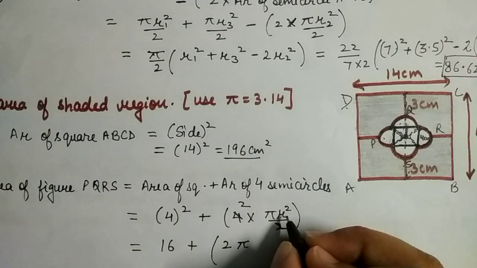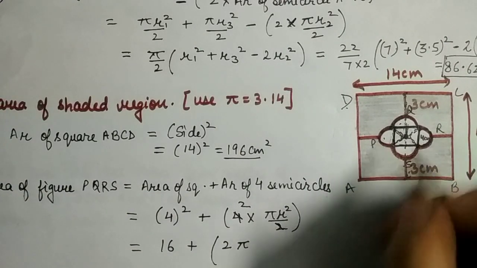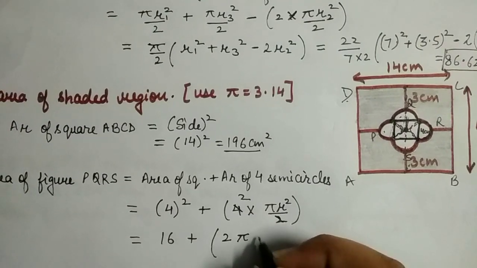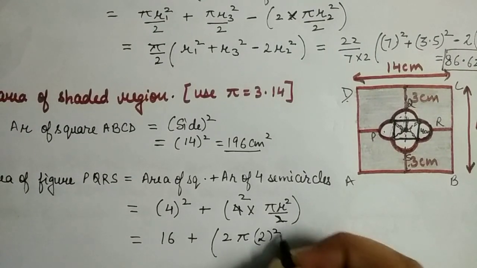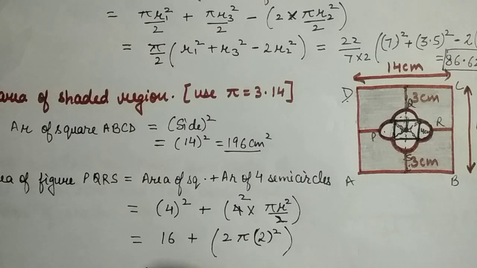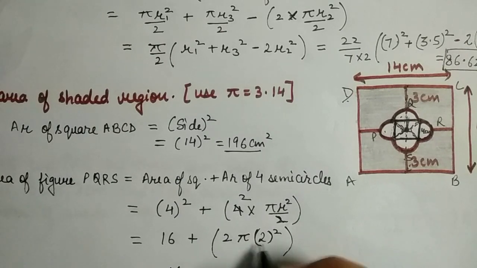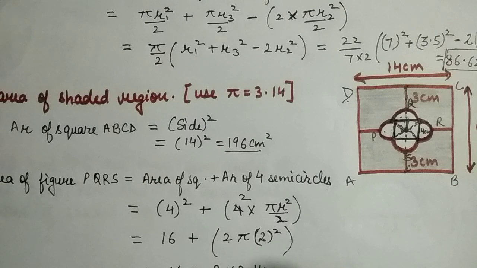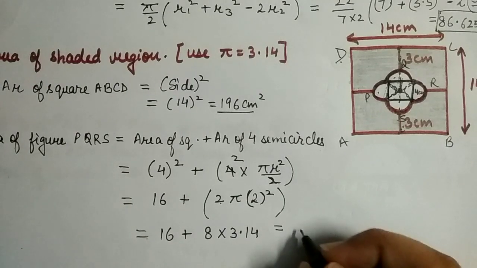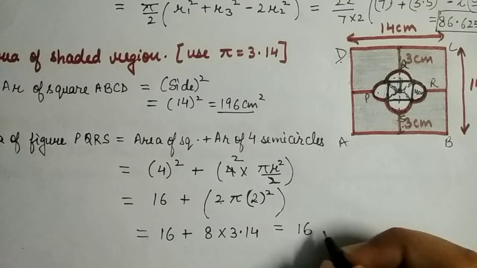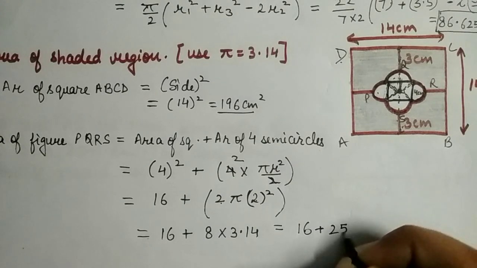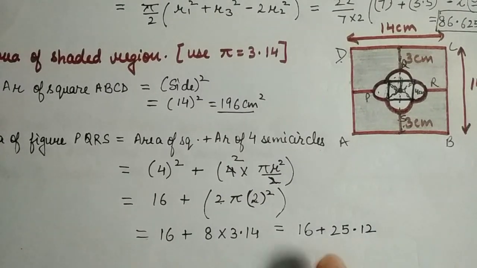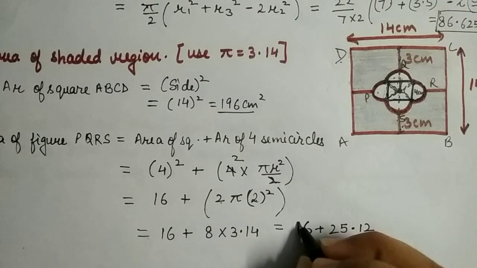R will be 2 because diameter is 4 centimeter, so radius will be 2, so it is 2 square. Okay, so on solving, it is 2 square is 4 and 4 into 2 it is 8 pi, and value of pi is given to be 3.14, and this is equal to 16 plus 25.12. Okay, so don't solve it now.